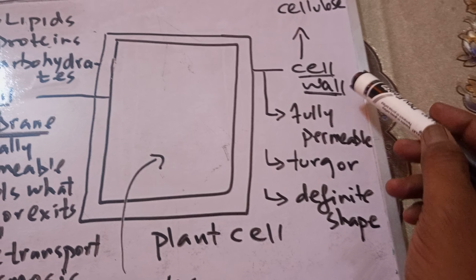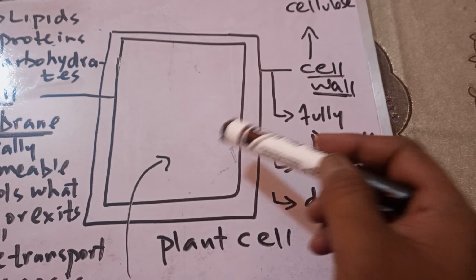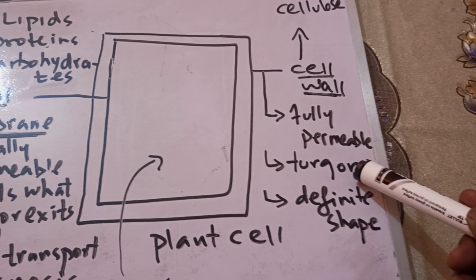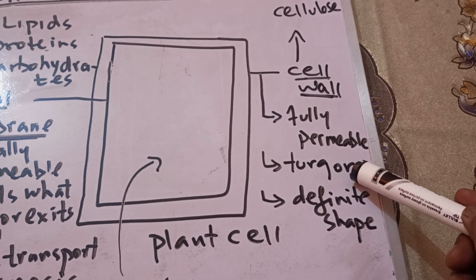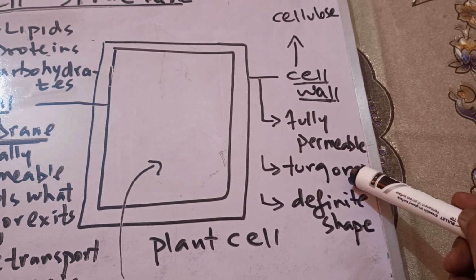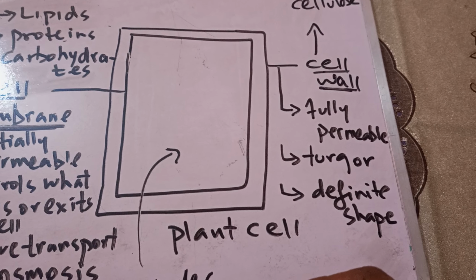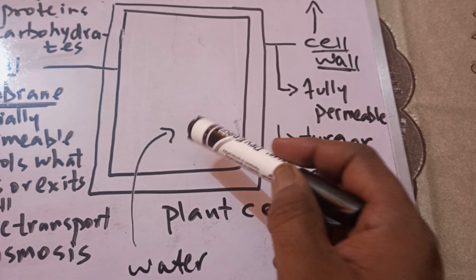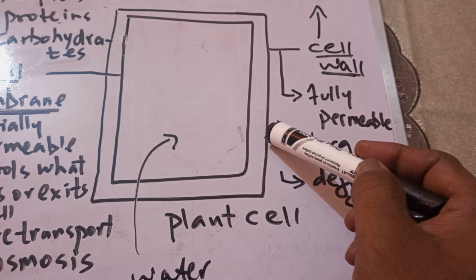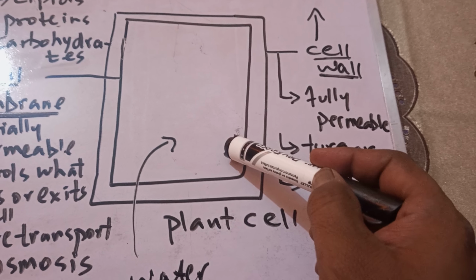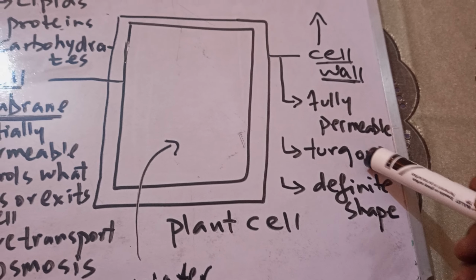So I repeat, the cell wall helps the cell in becoming turgid. Whenever too much water enters the plant cell, the cell will not rupture because of the cell wall. Rather, it becomes hard and rigid. This is called turgor.